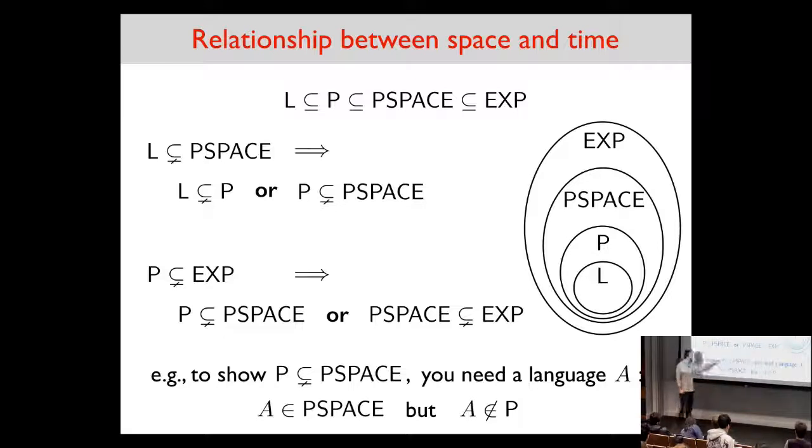So if you wanted to show P is not equal to PSPACE, what would you need to do, basically? Well, you would need a language A which is in PSPACE but not doable in polynomial time. This part is usually easy to show: take a language in PSPACE. This one is the real hard question, showing that a language cannot be done in polynomial time.